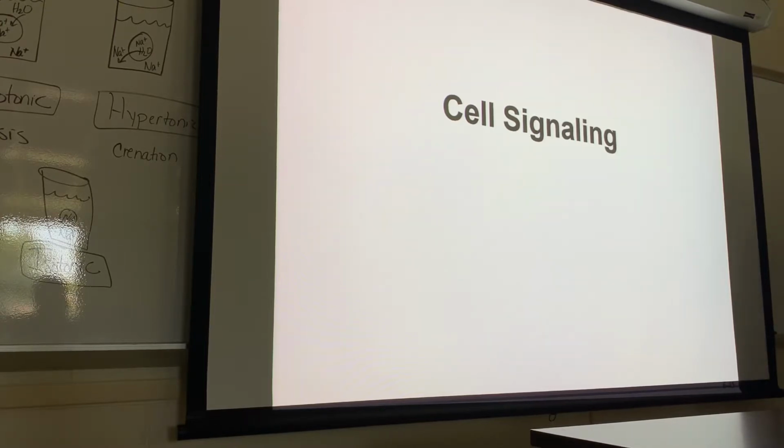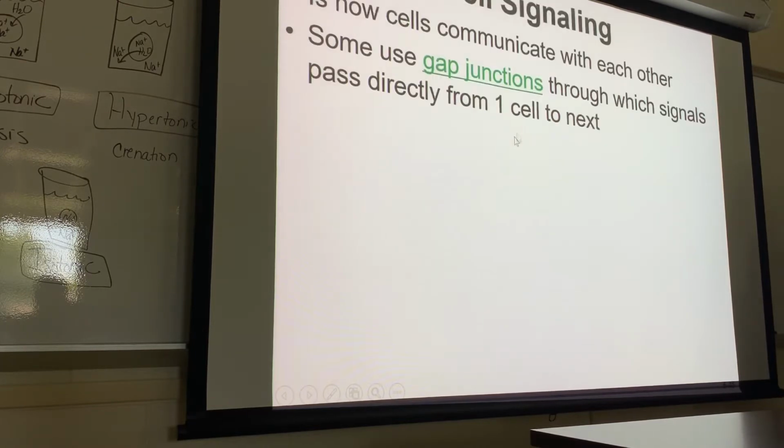Okay, so we have about 4 minutes. This last part of chapter 6, sorry, we're in chapter 6, is really not so complicated, which is nice. Although I don't know how you feel at the end of the class, it may seem more complicated than what it is. Cell signaling.